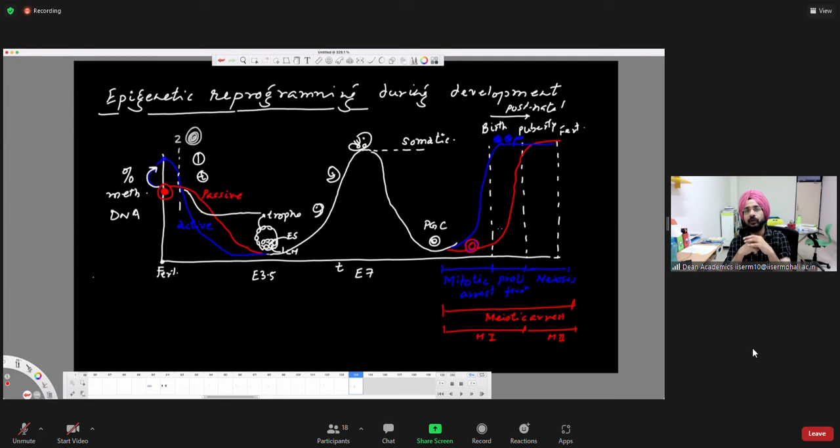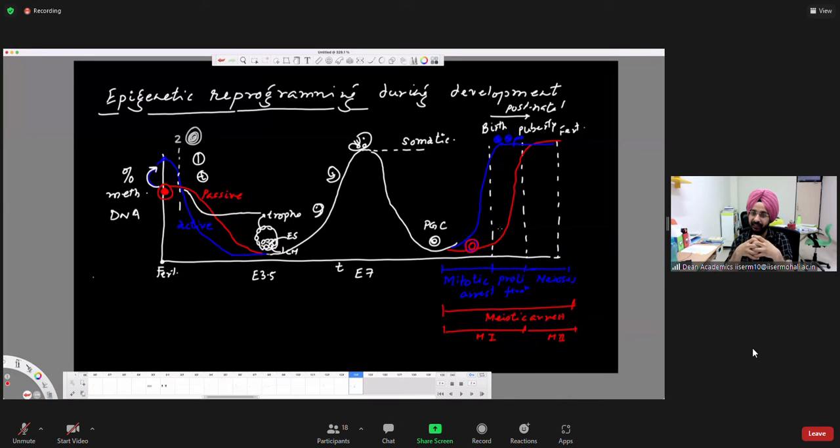You remember how replication happens in a semi-conservative manner, right? So when the DNA is replicating in proliferating cells, the cells are dividing, it recognizes hemimethylated DNA and DNMT will methylate the other strand, the missing strand. That's one mechanism. It's not de novo methylation. De novo methylation is when the whole DNA, both the strands, are unmethylated and it is supposed to methylate it.